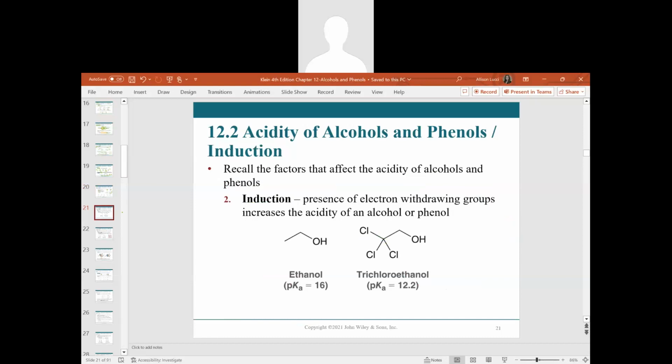So induction, that is another factor that can affect the acidity of compounds, specifically with alcohols here. Say we have ethanol over here, which we know has a pKa around 16.